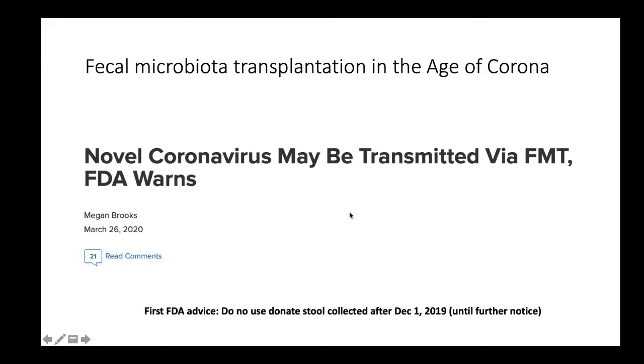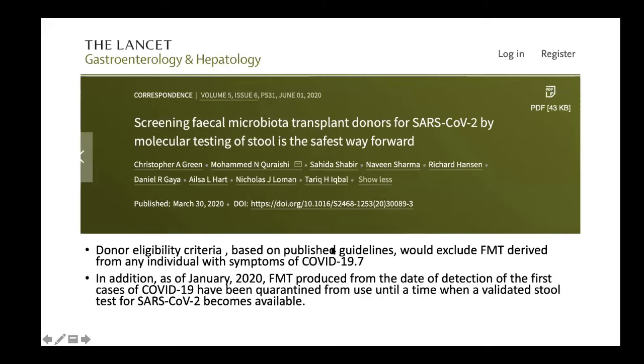There's actually been quite a lot of written material on this, so you can just search Google a bit and you'll find out what's been said. For instance, proposals to do actual screening, and that's probably the way ahead. That's how we do it for all other infectious agents in this donation practice.